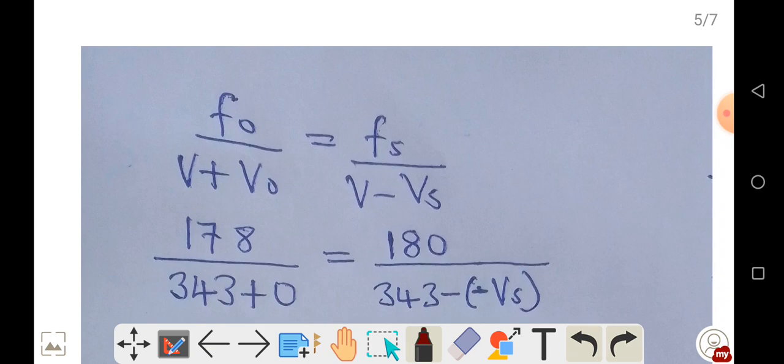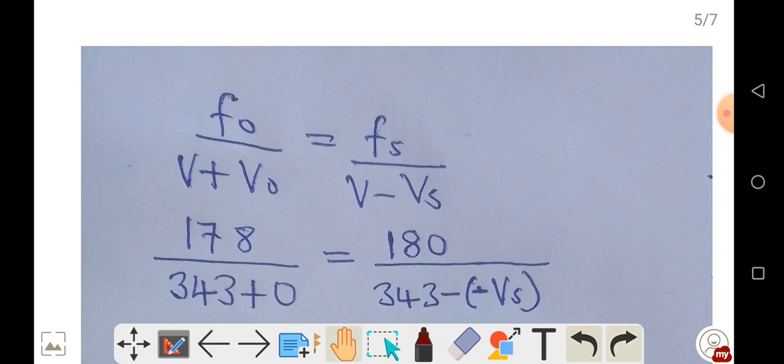The frequency heard by the observer over the velocity of sound plus the velocity of the observer is equal to the frequency of the source over the velocity of sound in air minus the velocity of the source.